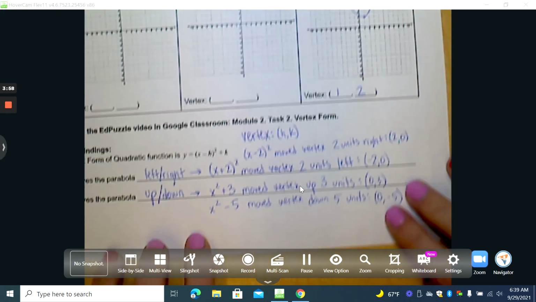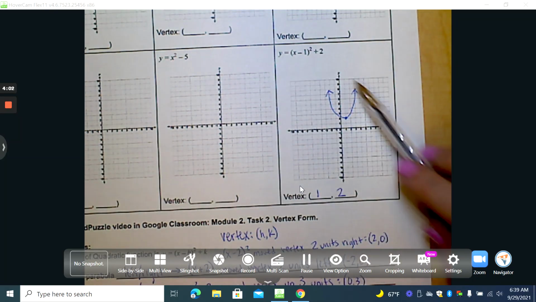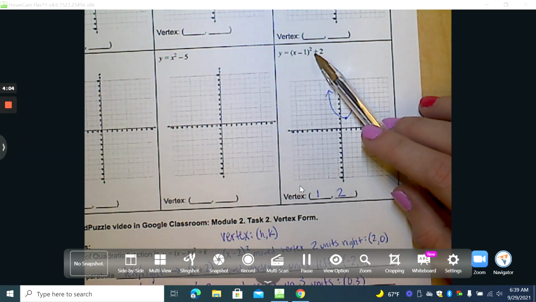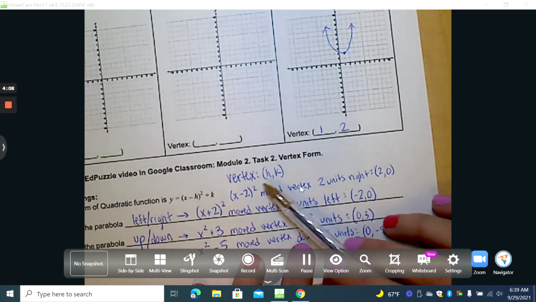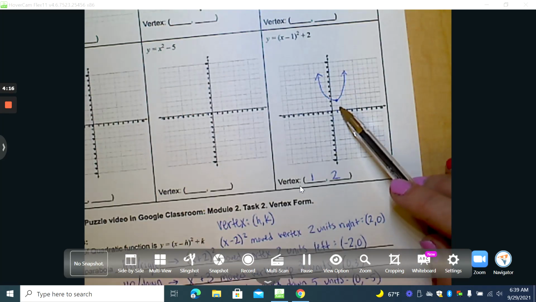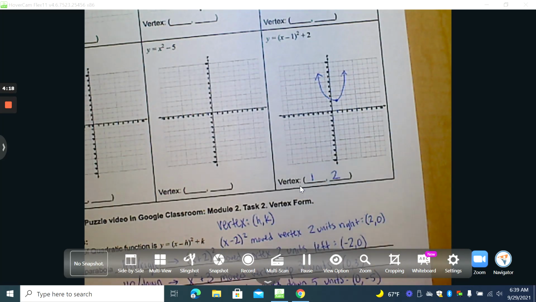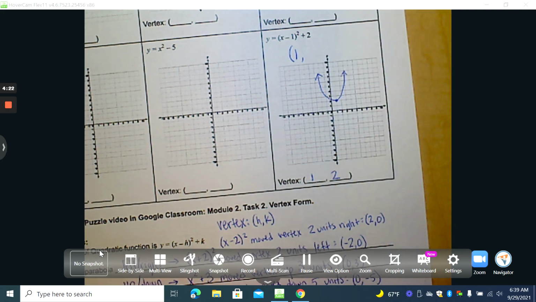Now, the one I do want to revisit and talk about is right here. I have x minus 1 squared plus 2. That minus 1 in parentheses is the h part of my vertex, the first number in my vertex, the x value of my ordered pair. But it's not a negative 1 here. It's actually a positive 1 as my vertex.